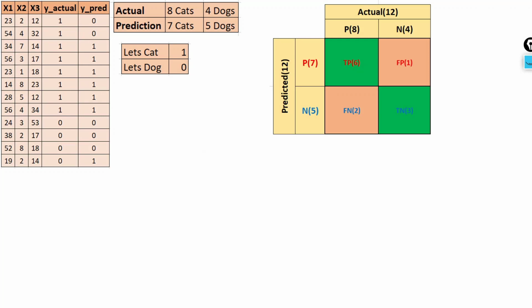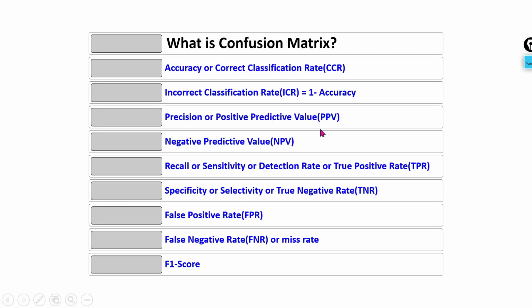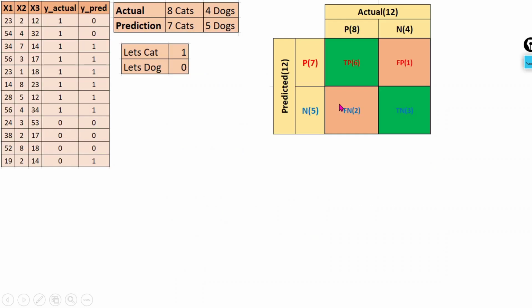Now we will understand the second performance metric, that is the incorrect classification rate, which is equal to 1 minus accuracy. As the name suggests, the incorrect classification rate means how many cases are incorrectly classified by our model.